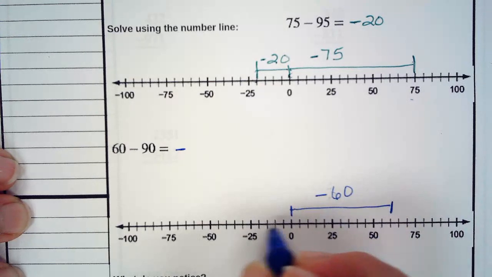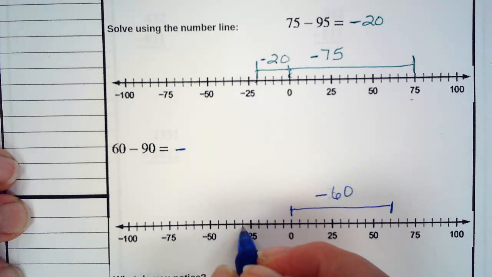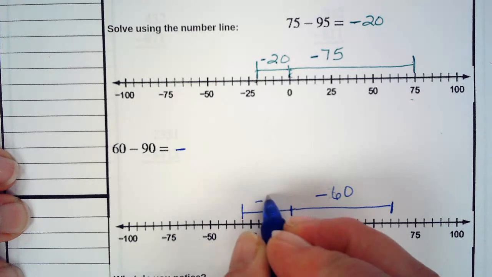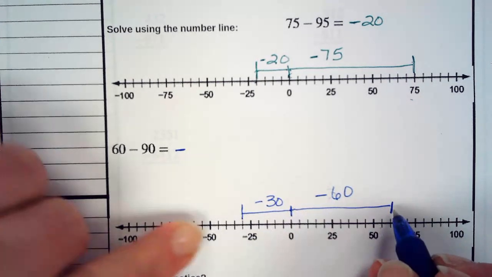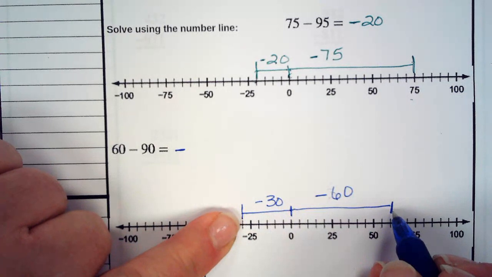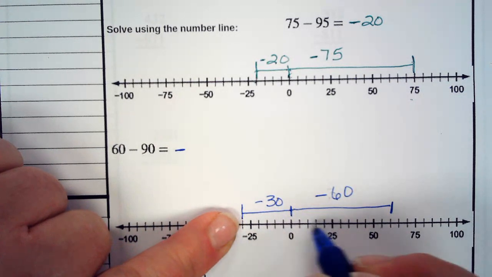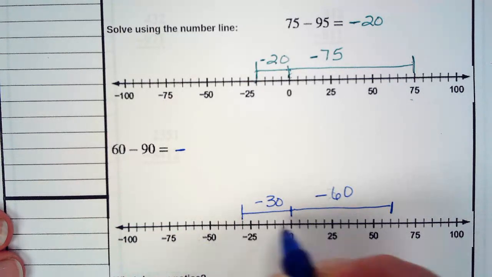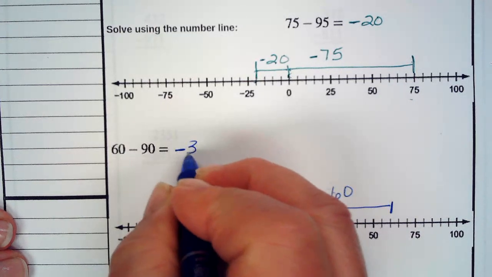That means I've still got 30 to get from here to here is 90 units. So I ended up at negative 30.